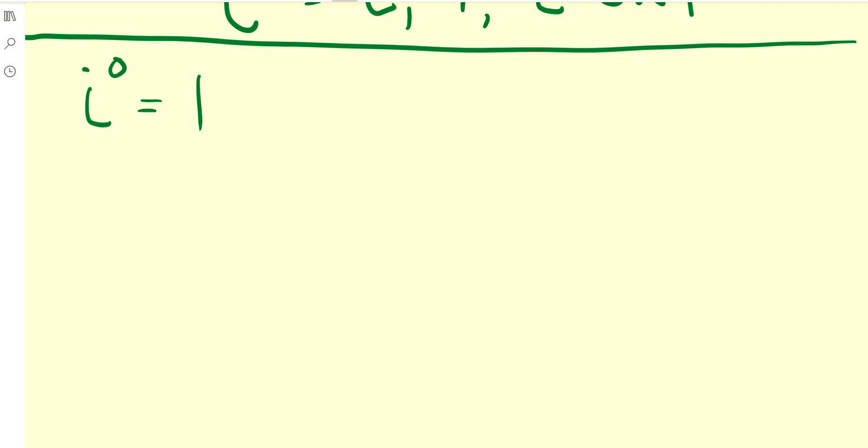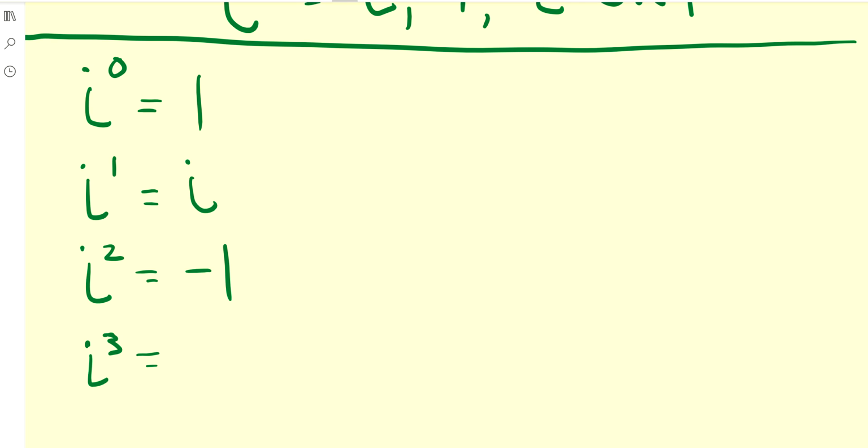Then I'm going to have i to the first power. Well, that must just equal i. i squared is going to equal, what did we say that was a moment ago? Negative 1. And then let's do one more. i cubed, what is that going to be?